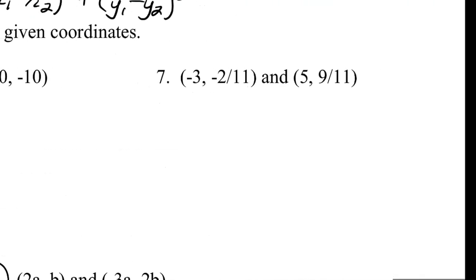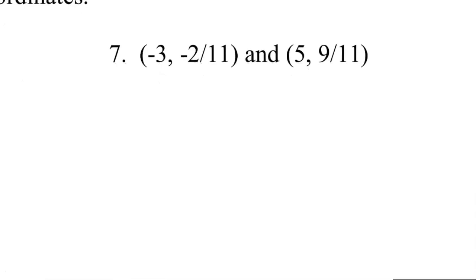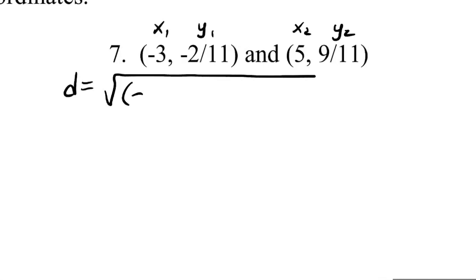Let's look at number 7 with fractions, finding the distance between these 2 points. Let's label our points. We would have the square root of -3 minus 5 squared plus negative 2/11 minus 9/11 squared.